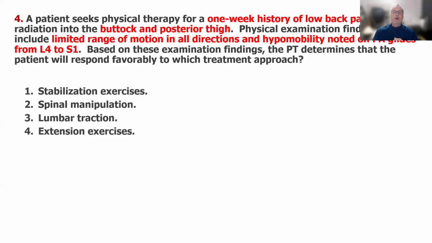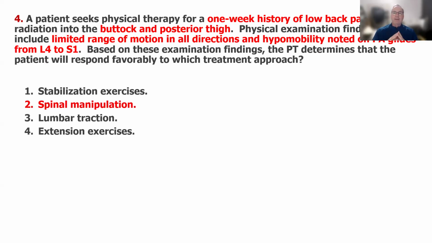From L4 to S1, so we've got these segments L4, 5, and then from L5 to S1, we encounter stiffness, we encounter limited motion. So, based on these examination findings, the PT determines that the patient will respond favorably to which treatment approach. And what the majority of y'all chose is indeed the correct answer, right?